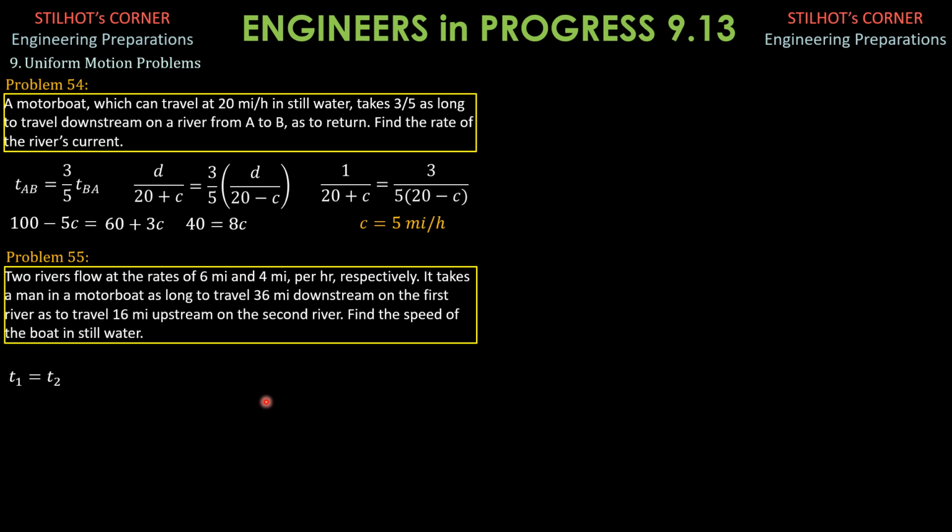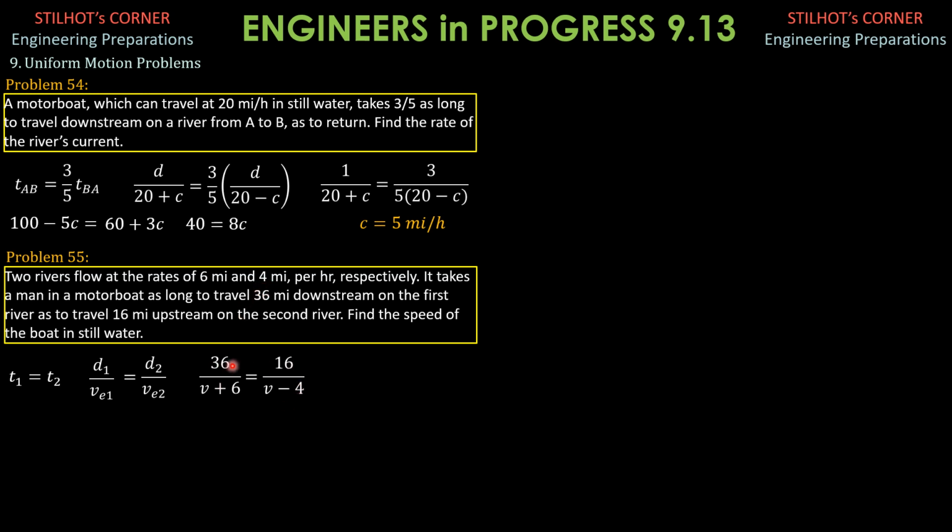So distance 1 over effective speed in river 1 equals distance 2 over effective speed in river 2. So distance 1 is 36, effective speed in 1 is V plus 6, then equals distance 2, which is 16, over the effective speed in river 2, which is V minus 4. So 16 over V minus 4.